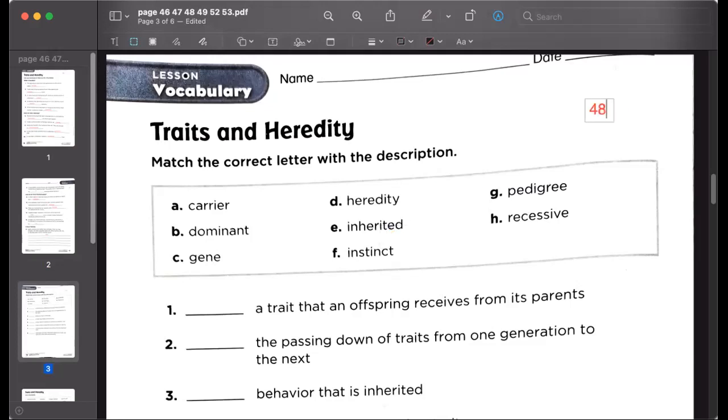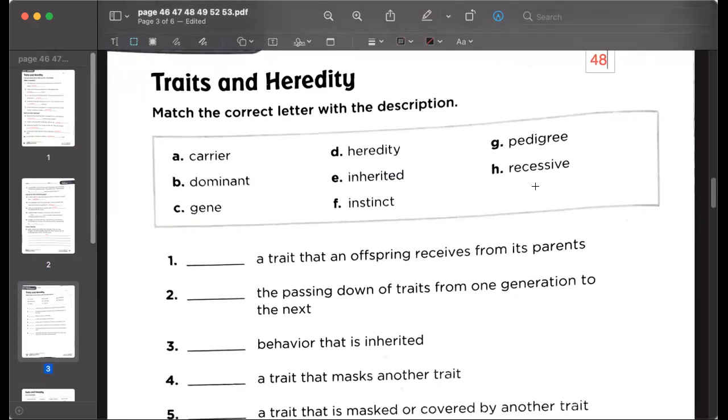A dash trait is an offspring received from a parent. So the correct one is here.